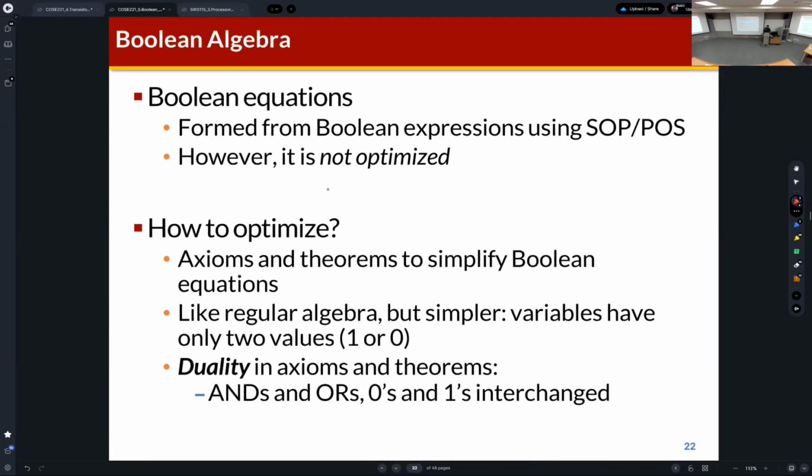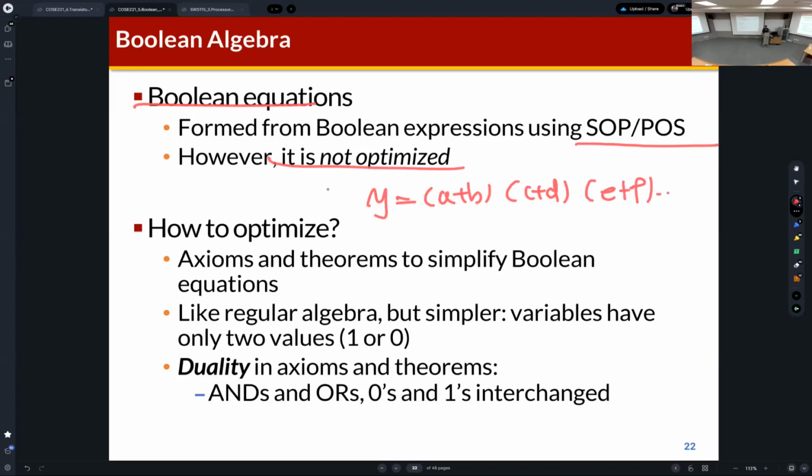So what is Boolean algebra? We learned how to generate the Boolean equation using SOP or POS form. But what's the problem? It is not optimized. What does that mean? Think of real algebra, like y equals a plus b, c plus b, and then e plus f.